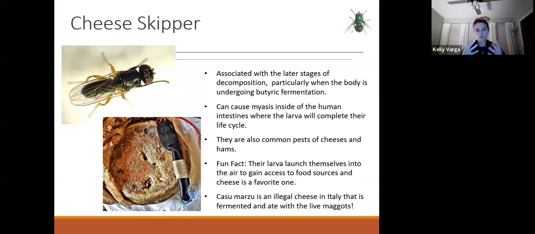So this is the fermentation. It does give off a very unique smell. That smell alone can allow them to be attracted from very far and wide.